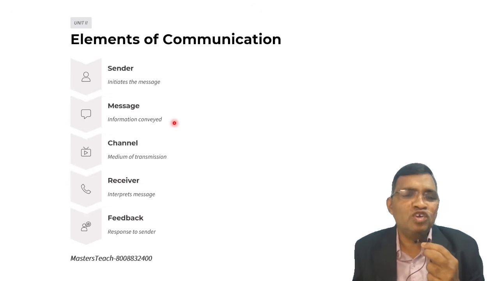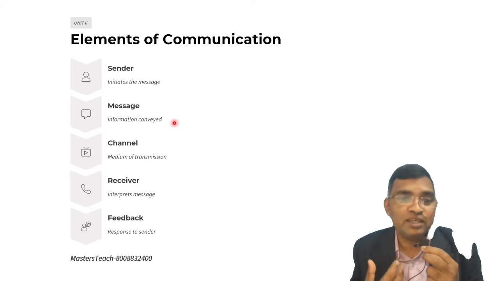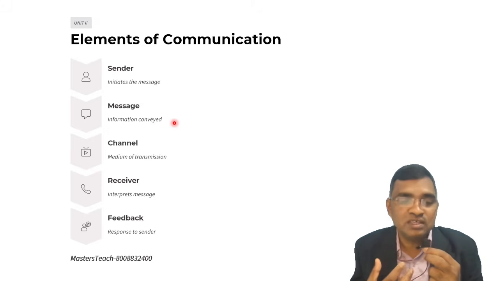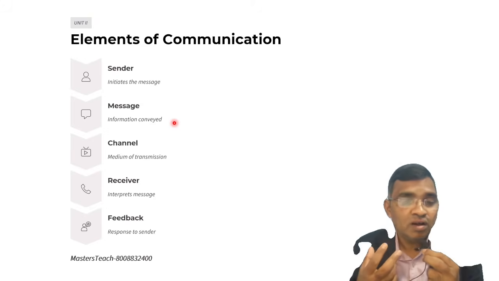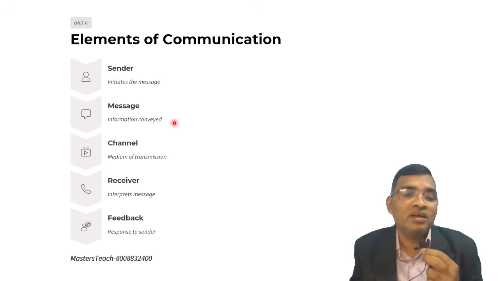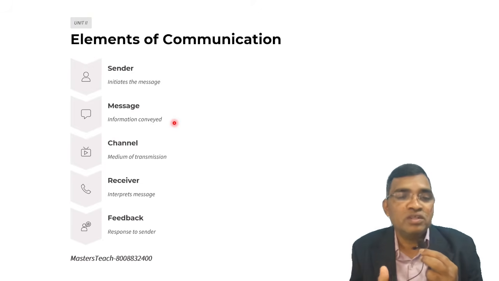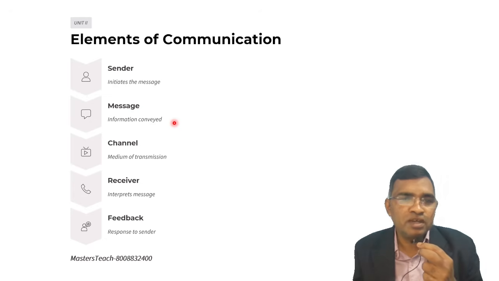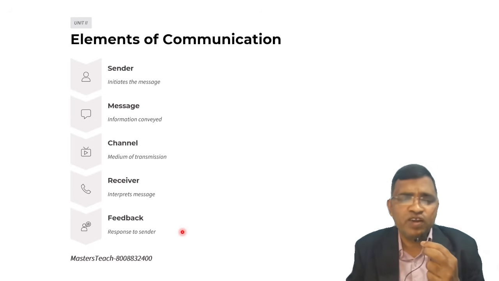Channel means which channel you are going to use, whether a digital platform, online, offline, etc. Receiver is the person who interprets the message, the person who hears or reads it. Feedback is when the receiver gives feedback to the sender. The elements of communication are sender, message, channel, receiver, feedback.